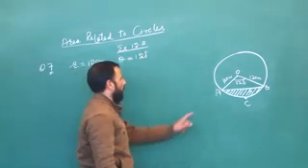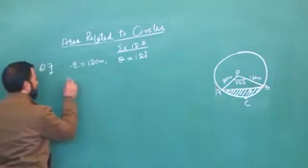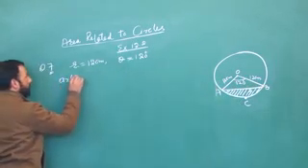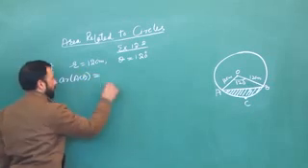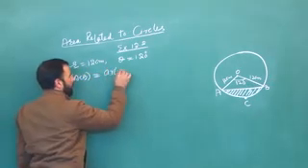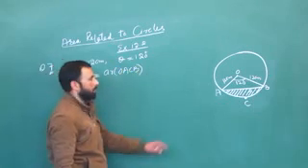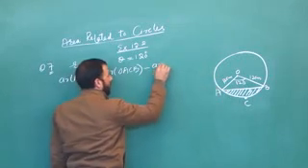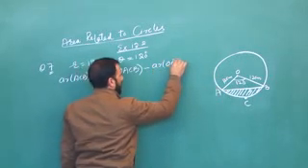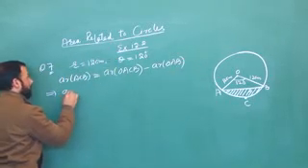Area of segment ACB is equal to area of sector OACB minus area of triangle OAB.